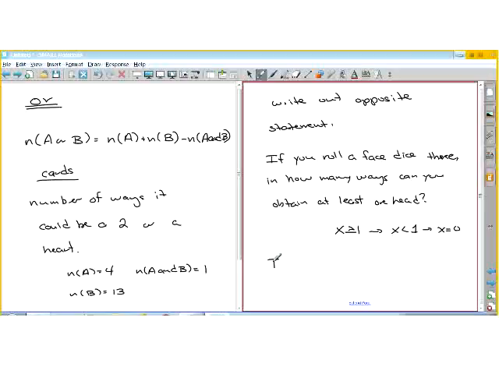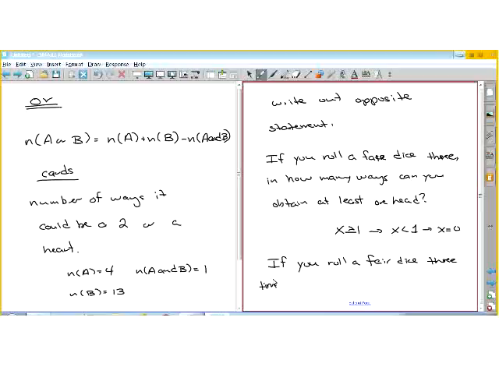So the opposite statement, if you wrote it out, if you roll a fair dice, I don't know, it looks like face dice, but it should be fair dice, 3 times, I forgot to write times.